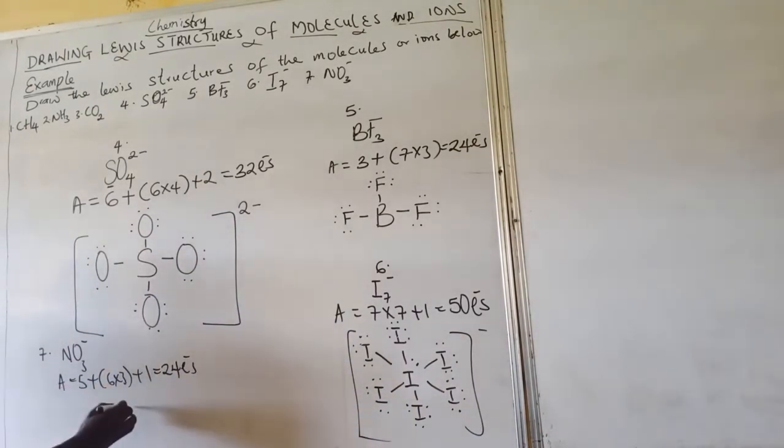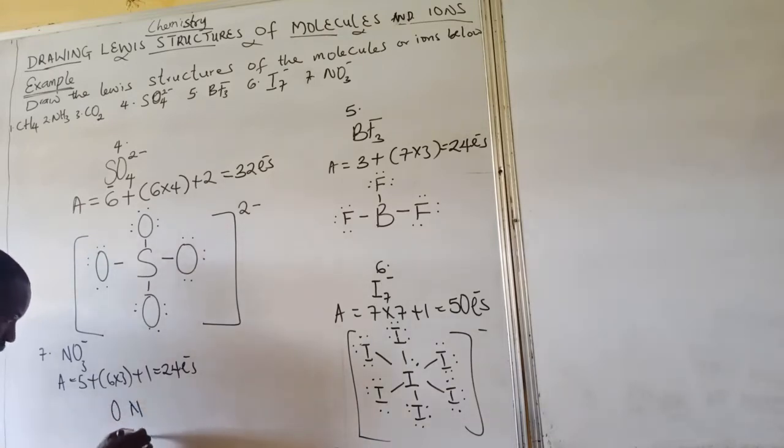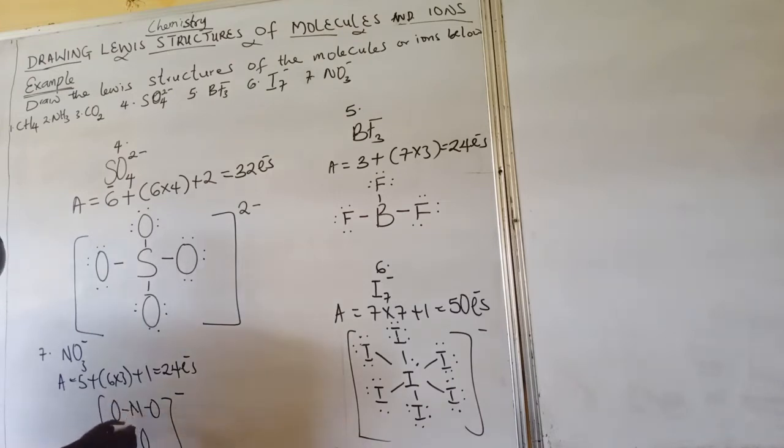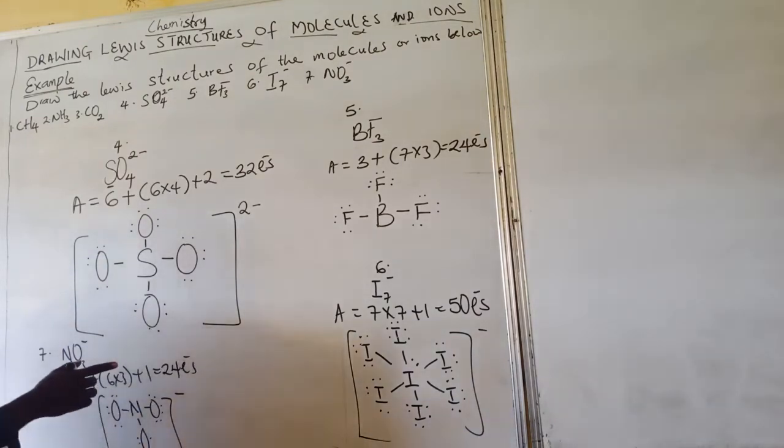Now I come here, nitrogen here, then I take the other oxygen, then put it in bracket, minus, here single, here 1, 2, 3, 4, 5, 6, 1, 2, 3. So here we have 8 times 3, which is 24 electrons.